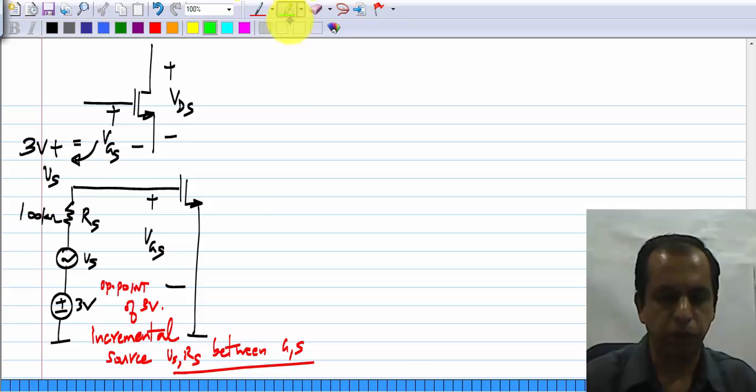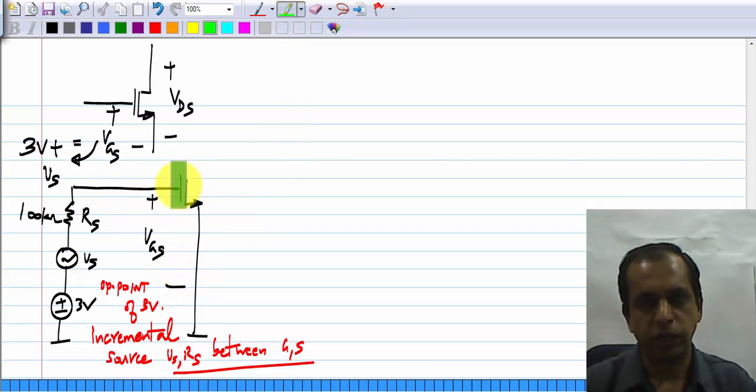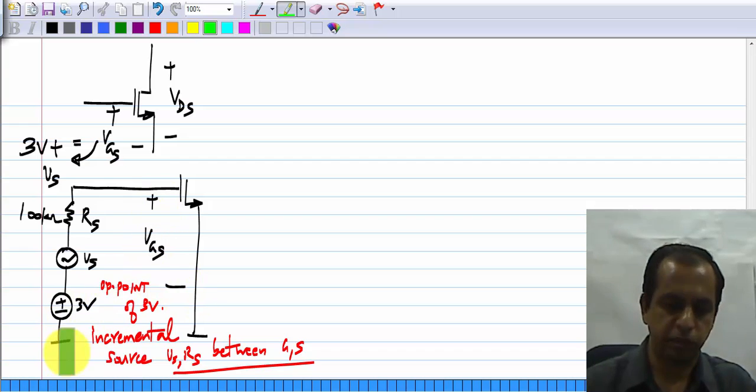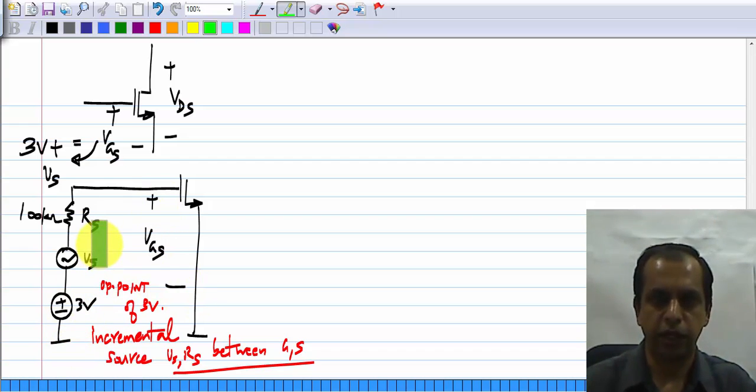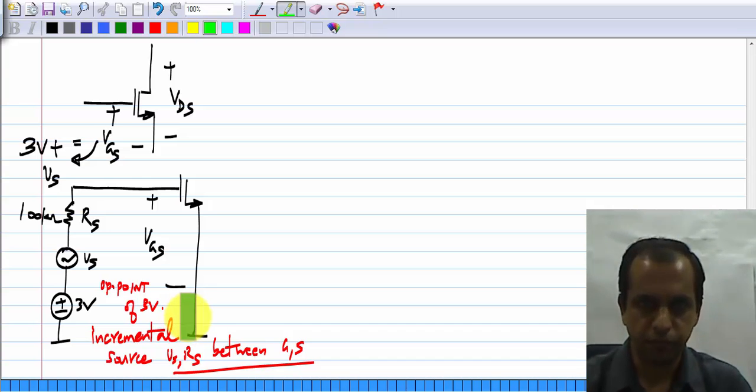And if you are not completely convinced, you can simply evaluate VGS. No current is flowing into it. You can see that the voltage that appears here is simply 3 volts plus Vs. Okay. So, this arrangement provides an operating point of 3 volts and an increment of Vs between VGS. So, that part is okay.